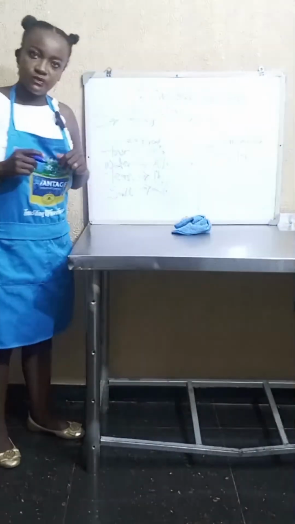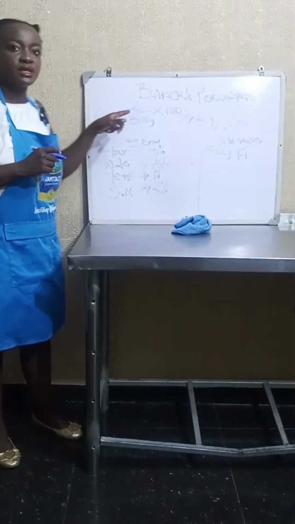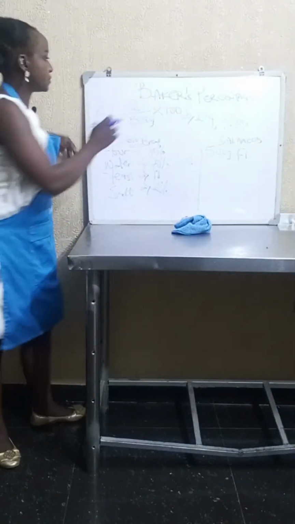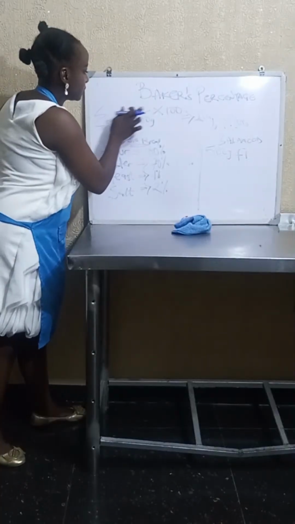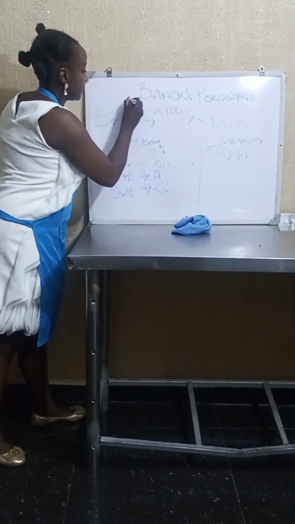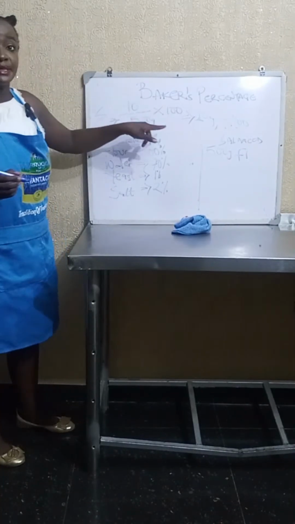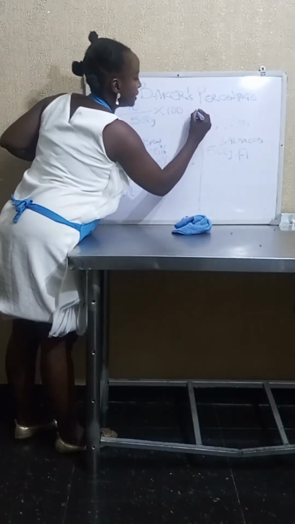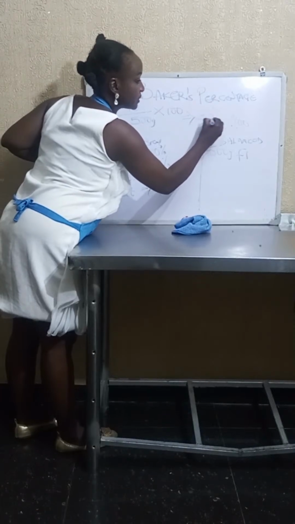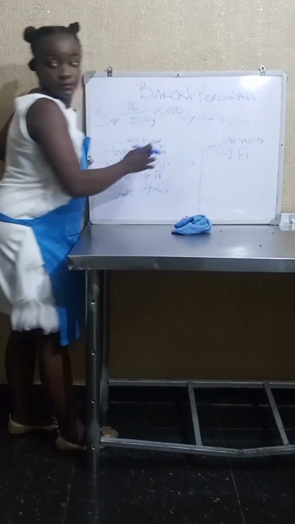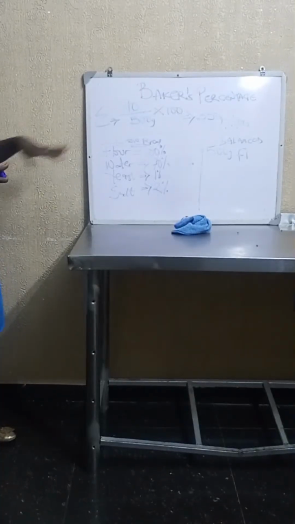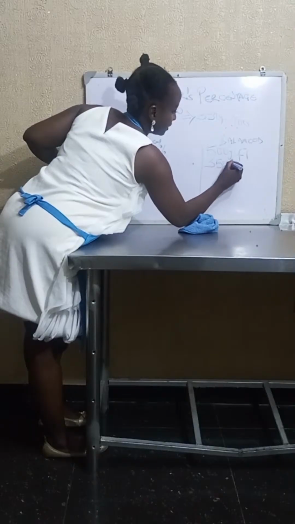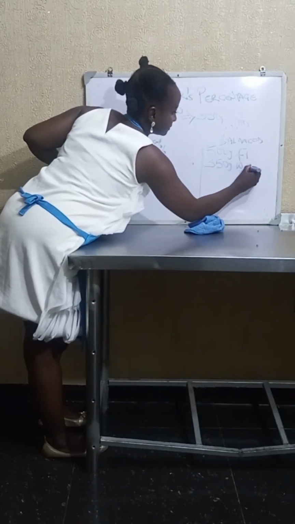You have 500 grams of flour here, and you want to get the quantity of water you're going to use. Water is supposed to be 70, right? Divided by this, and it gives you 350 grams of water. That is what the recipe calls for. So your water now will be 350 grams.